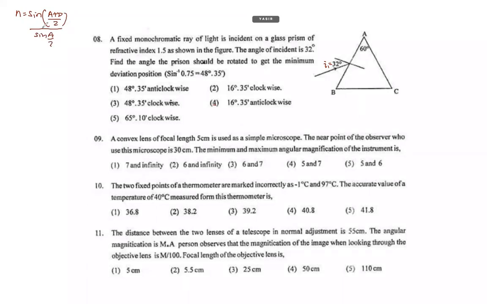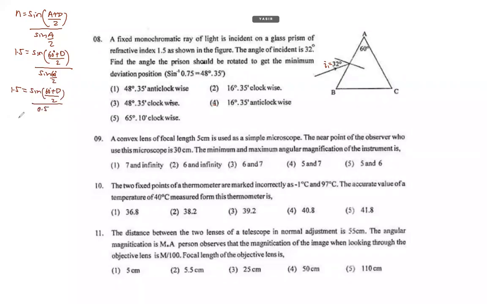Correct? So n is given to us as 1.5, equal to sin((60 plus D) over 2), where D is the minimum deviation, divided by sin(60 over 2), that is sin 30. So 1.5 equals sin((60 plus D) over 2), and at the bottom sin 30 is half.